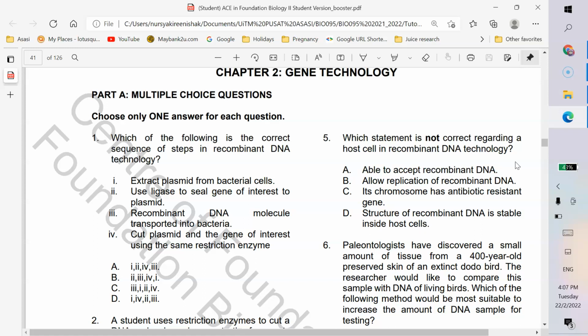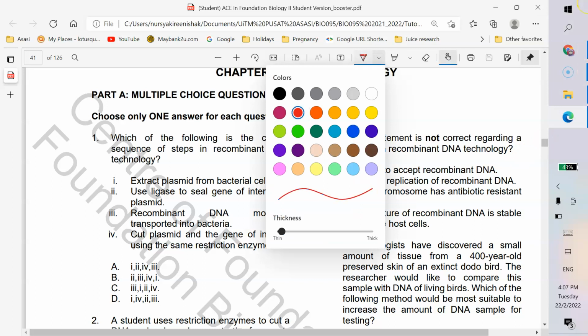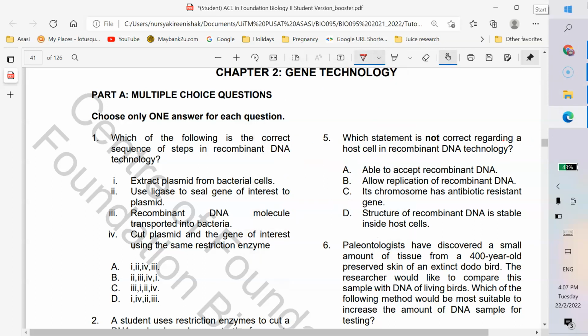Okay. Okay. Read the sequence, please. So that. Okay.